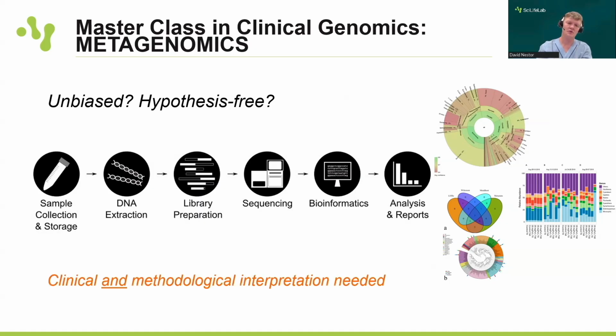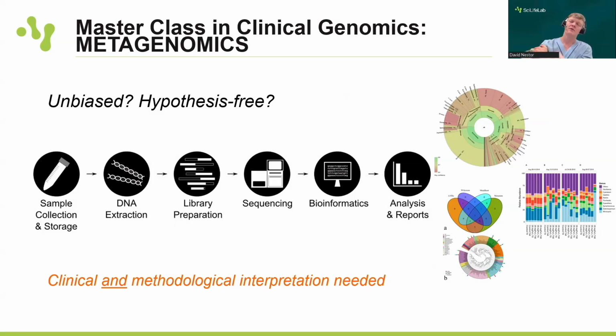So in order to understand these graphs and these papers, you need both a clinical interpretation of the disease and the patient, but also an interpretation of how the methodology was performed. We need to combine that in a good way to get an accurate understanding of what has been going on.